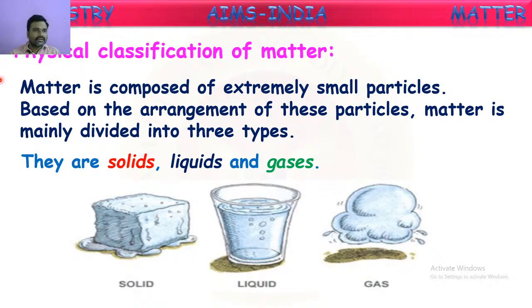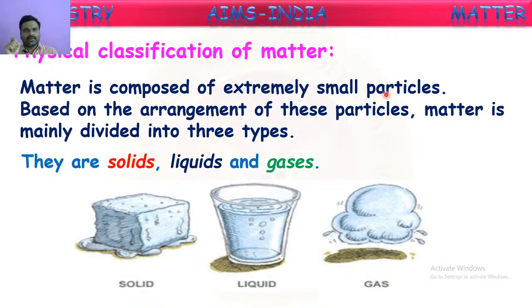But before that, let us come back to this point once. Matter is composed of extremely small particles which we commonly say molecules. For example, if you take a piece of chalk and break it into small pieces, it becomes two pieces. If you continue breaking like that, at a certain time we are going to get the very smallest piece of chalk, which you cannot cut with your physical means.